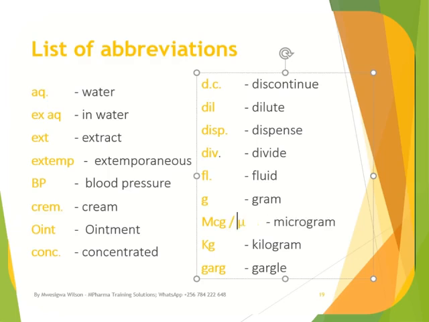Micro, the microgram. Forgive me for trying to look for it, because I wanted my slides to be lively. So kilogram means kg. You're going to see these commonly on the weight of the patient.